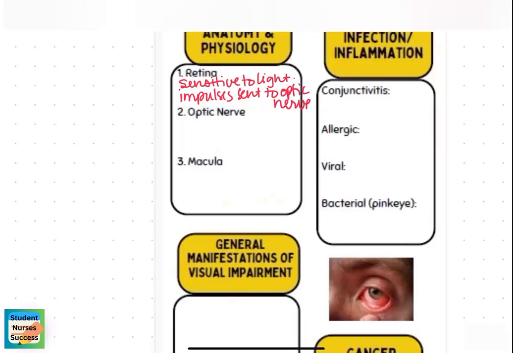The optic nerve then transmits that information from the retina to the brain for processing. The macula is in the center of the retina and it's responsible for central vision and high acuity or detail vision.